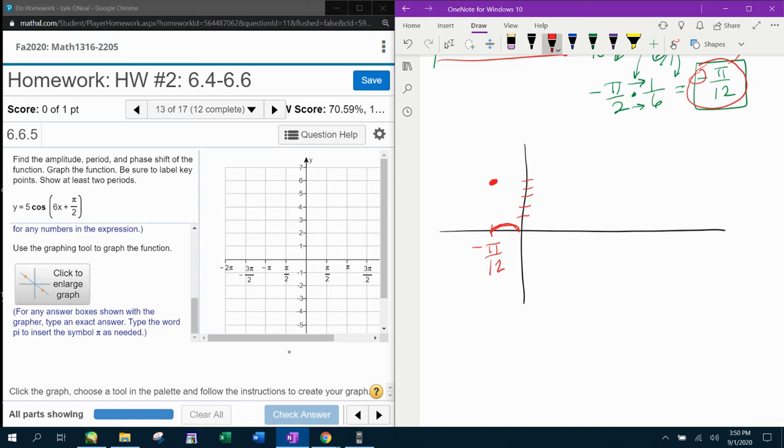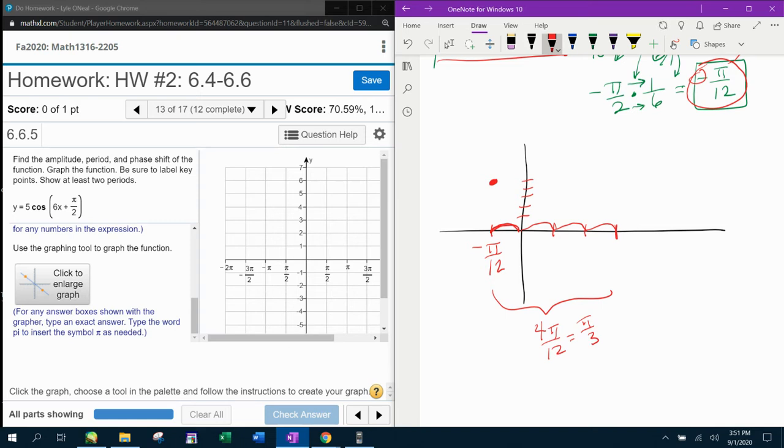And I'm starting back here at negative pi over 12. So if I go to the origin, that's 1/12, 2/12, 3/12, 4/12. Okay, so this distance here is 4/12. But if I reduce that, that is pi over 3.